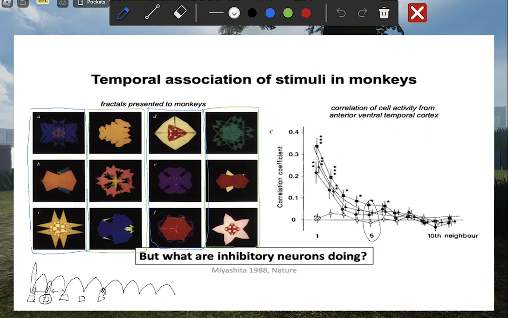So if you have cells anywhere in the brain which fire in close succession, then the brain's going to notice that and strengthen their connections. So the lag here might be, in a temporal sense, on the order of 5 of those hops away in this particular area of the brain, and up until that point, there's no detection that these cells fired in close succession.